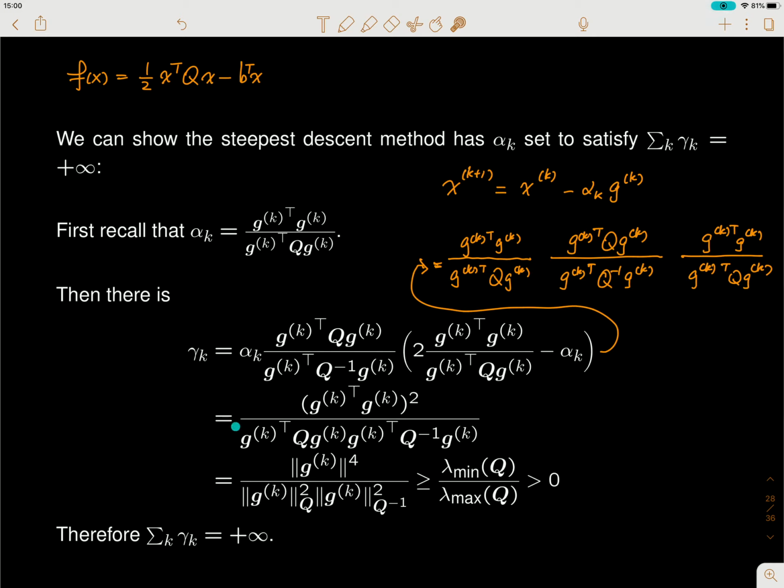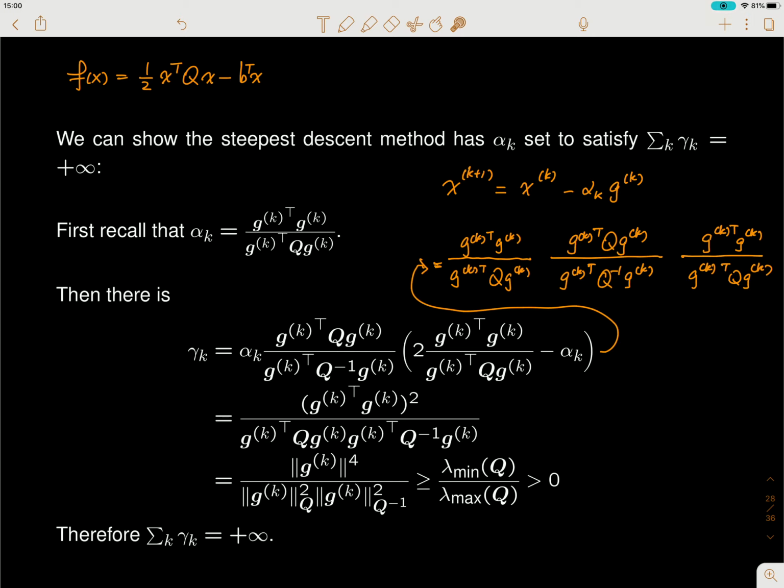And on the denominator, we said that this part here is like the Q norm of gk, and this part is the Q inverse norm of gk, squared. Okay, so this term becomes that, and this term becomes this. So that's what gamma k actually is.